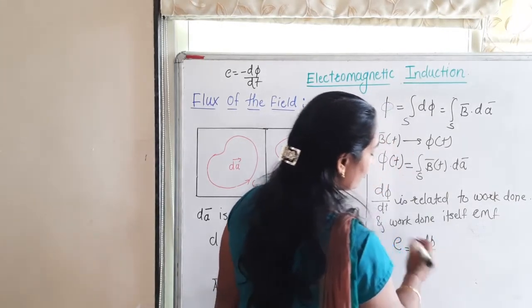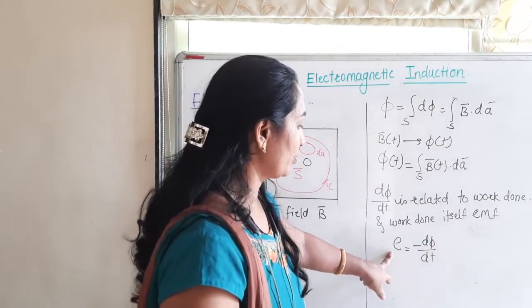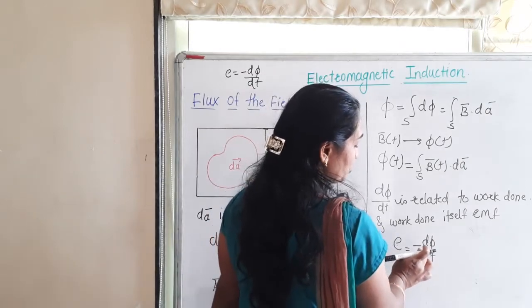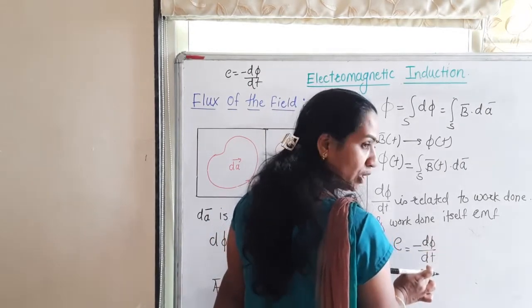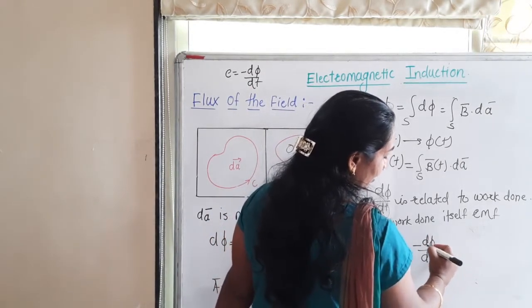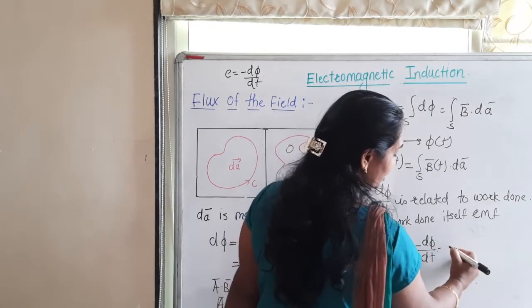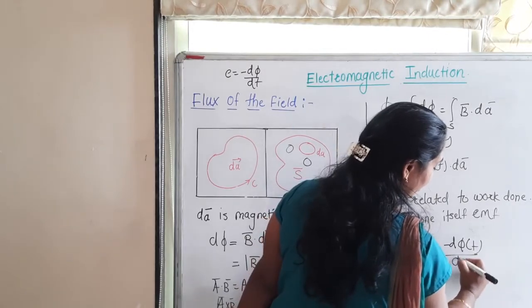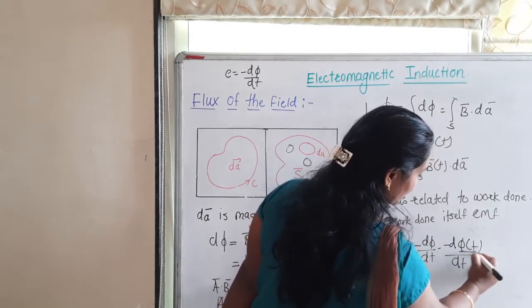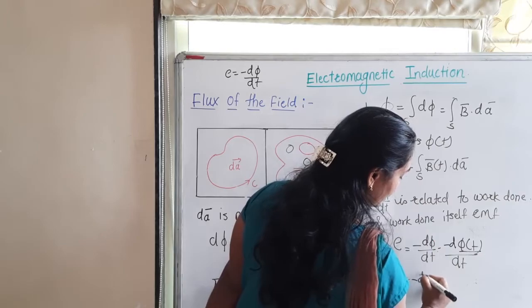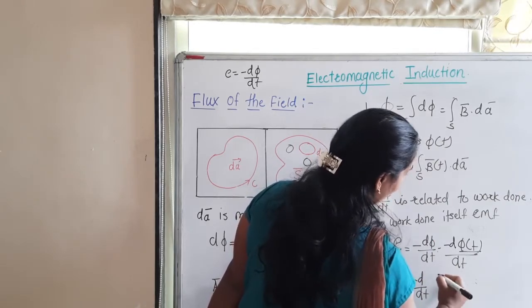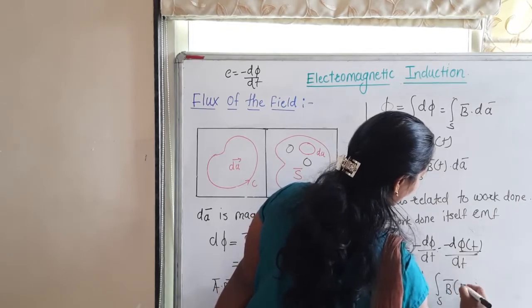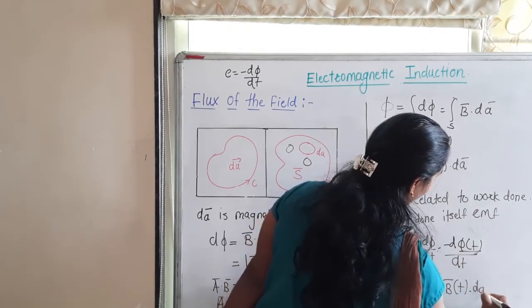We know the induced EMF formula according to Faraday's law and Lenz's law: the value is equal to minus d phi upon dt. Here the flux changes with time, so we substitute the value of phi of t, which is the integration over S of B bar of t dot dA bar.